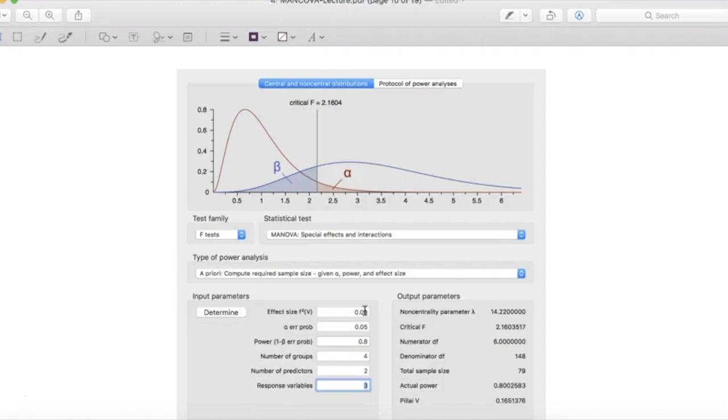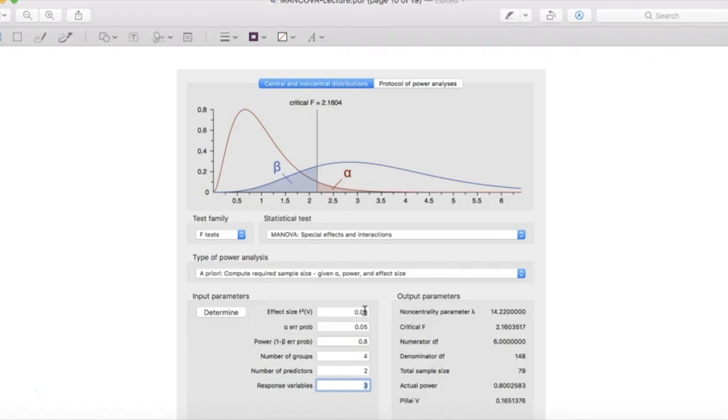Number of groups was 4, because we have femininity and masculinity, and each one of them has 2 levels. The number of predictors was 2, femininity and masculinity, and the response variables for the Mancova would be esteem, attitudes, and neuroticism. So this is how you would do it if you were doing the power analysis as a Mancova.